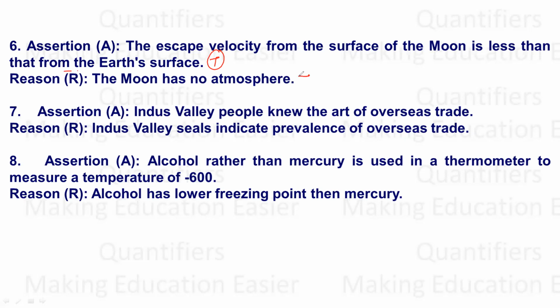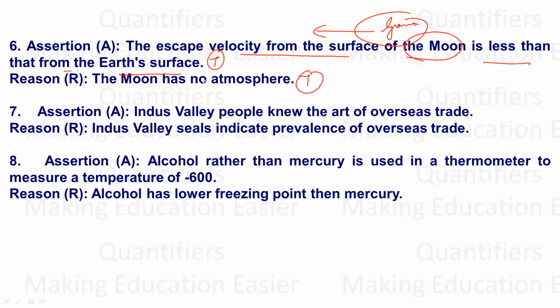And the moon has no atmosphere. This is also true. Okay, so escape velocity actually depends on the acceleration due to gravity. So it's basically gravity that plays a vital role. So the escape velocity of the moon is less than the escape velocity of the Earth.